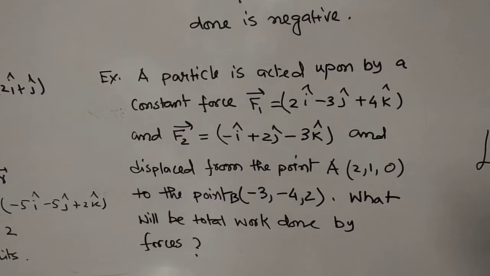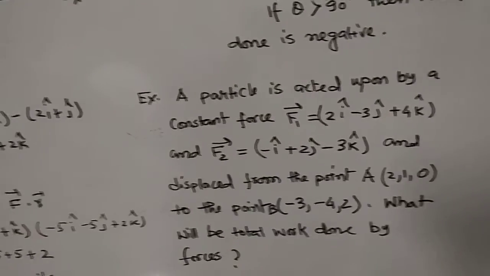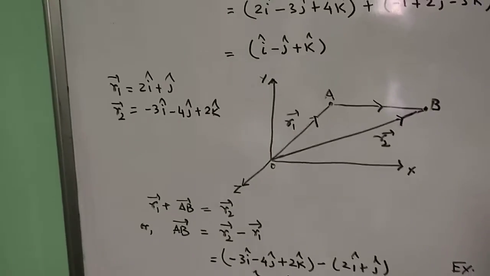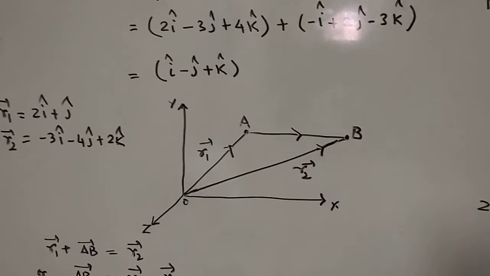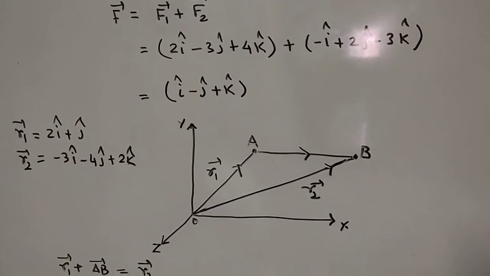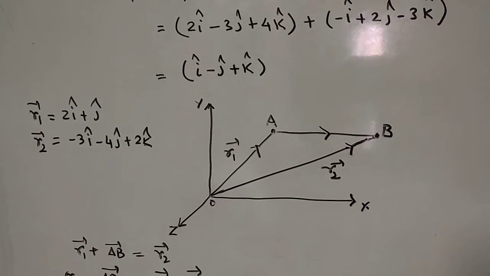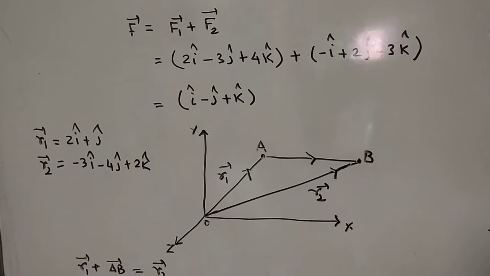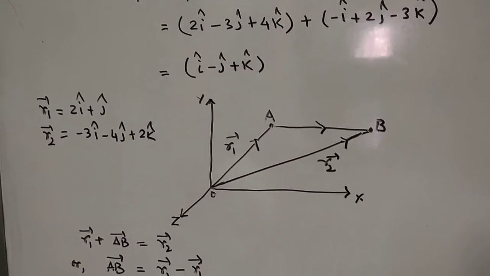In terms of unit vectors, A is 2 i cap plus j cap, and B is minus 3 i cap minus 4 j cap plus 2 k cap, as per the coordinates given here. Again in this diagram, A and B are the 2 points. One position vector is R1 vector, another is R2 vector. If the object moves from A to B, according to the triangle law, R1 vector plus the AB vector equals R2 vector.